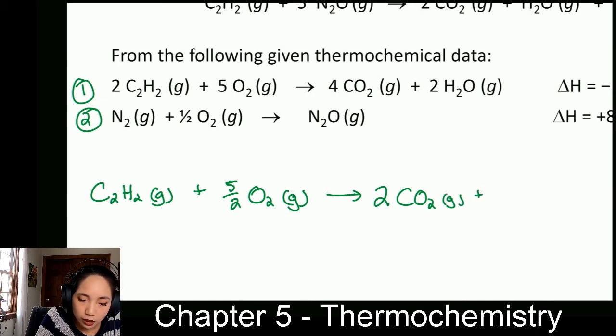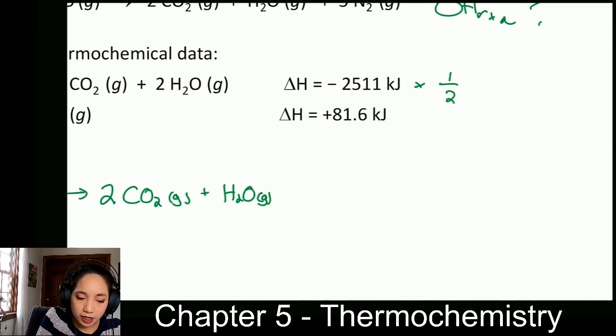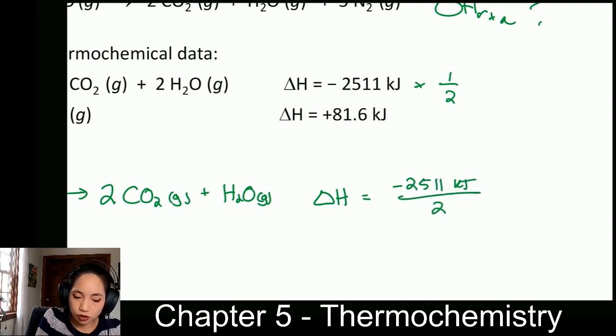And then lastly, 2 waters divided by 2, so 1 water, so H2O gas. And remember, we do the same thing to the delta H value. So delta H for this new reaction that I divided by 2 is equal to, I'm just going to do 2511 kilojoules over 2, just to remind myself that that's the new delta H value.